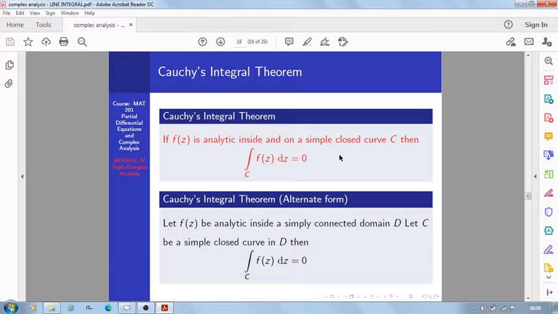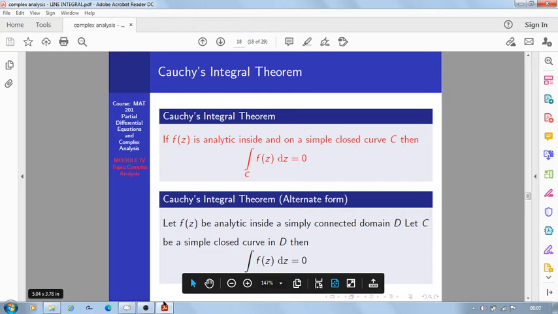That means the function will be analytic inside and on that closed curve if C completely lies within D. So then the integral over C of f of z dz will be equal to 0. So the basic requirement to apply Cauchy's integral theorem is, first, f of z should be an analytic function. Second, C should be a simple closed curve.